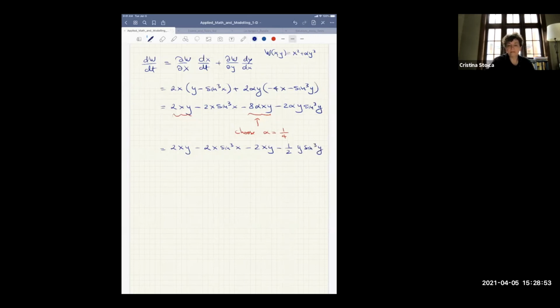So we end up with minus 2x sine 3 of x minus 1/2 y sine 3 of y.